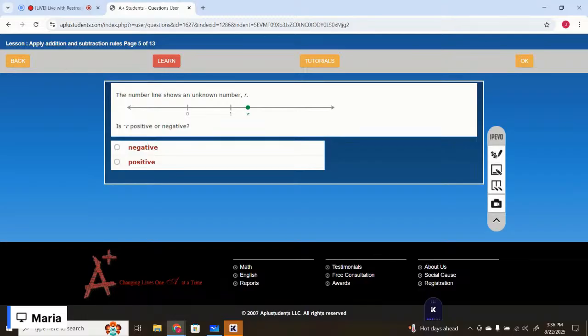The number line shows the unknown number R. Is negative R positive or negative? Negative it is. Option number 1 is the correct option.